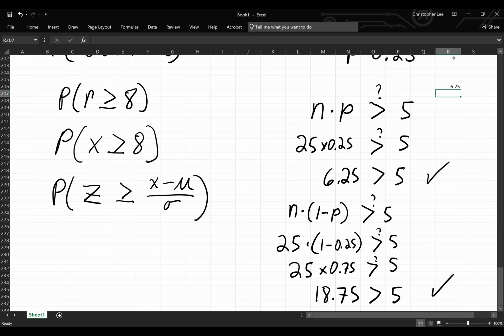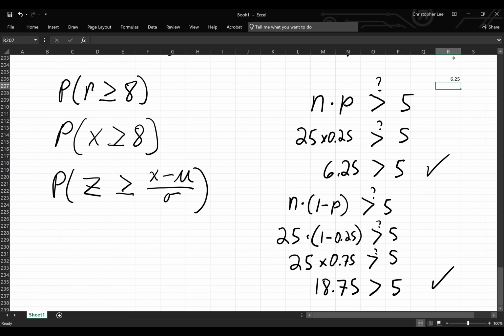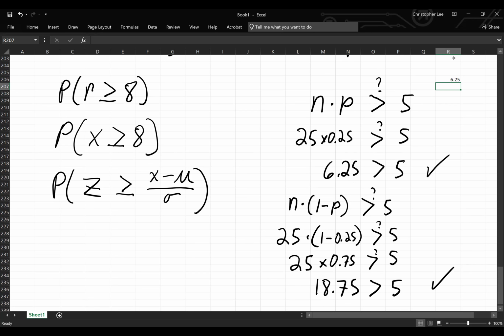Now, let's think about this for a sec. I know what X is. Simple. What's next to the X? 8.